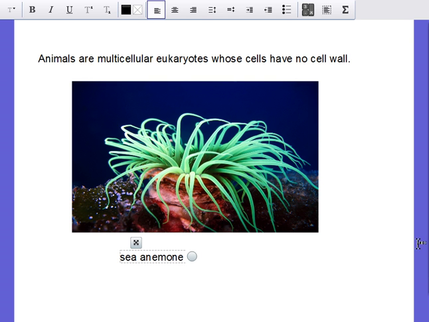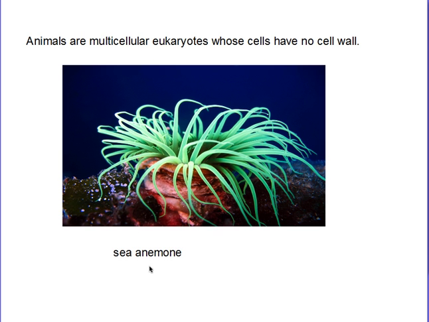We normally see them, but we don't know if they are plants or animals. Today I'm going to tell you that these sea anemones are animals. They are animals because their cells do not have cell wall. All organisms whose cells do not have cell walls that are eukaryotic and also multicellular are considered as animals.